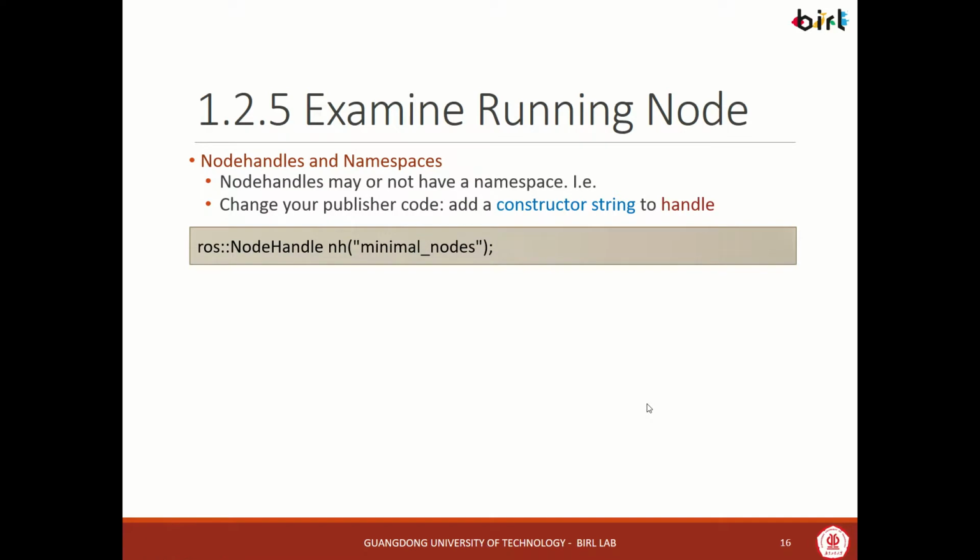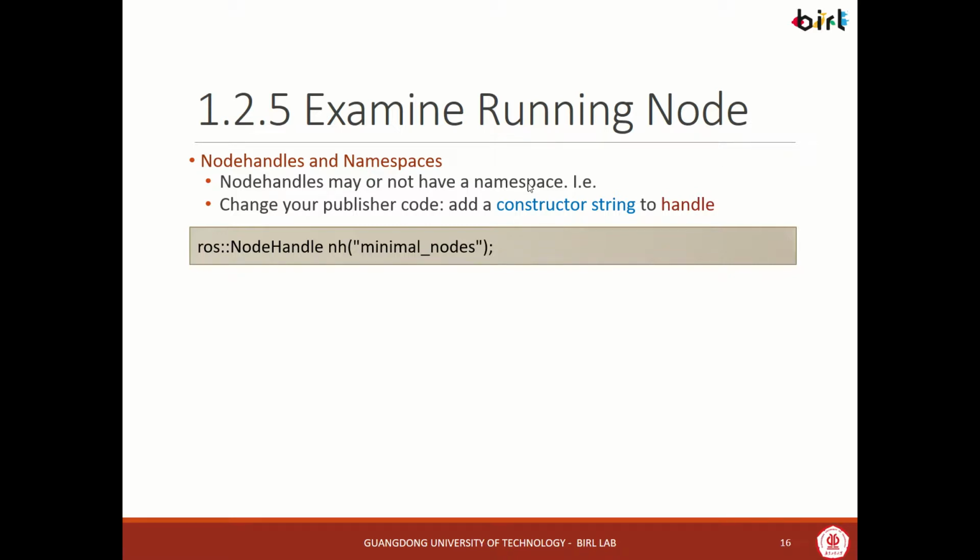Now, I want to introduce something about node handles and namespaces, which is going to be very important for you to understand, especially down the line. Node handles may or may not have a namespace. Namespace is an idea from programming languages used to differentiate possibly similar function names across programs.